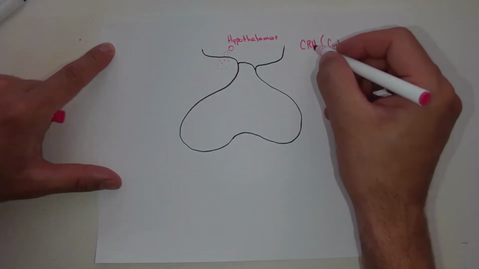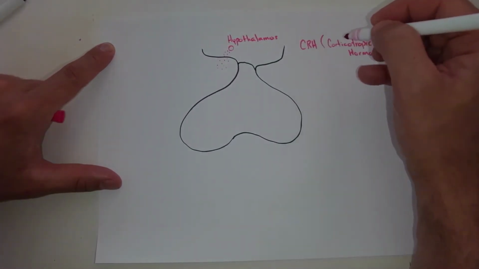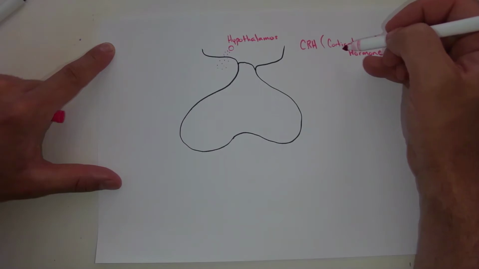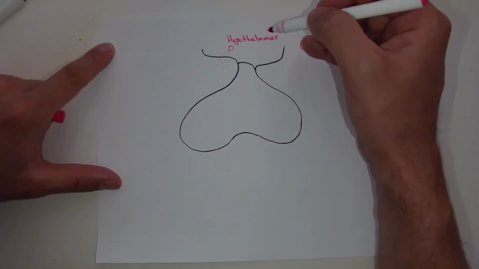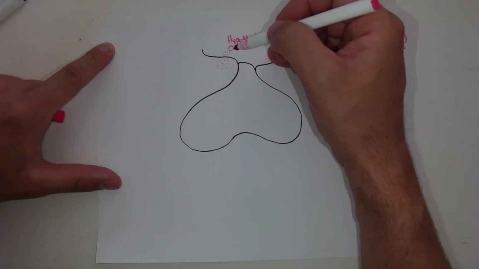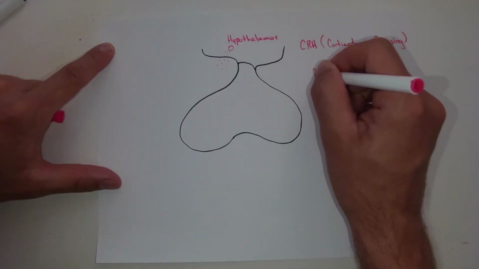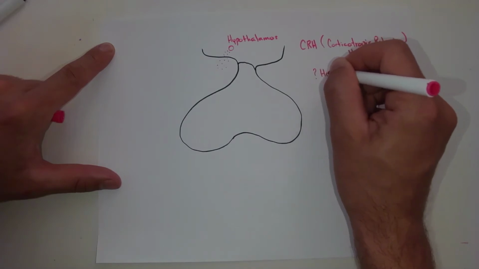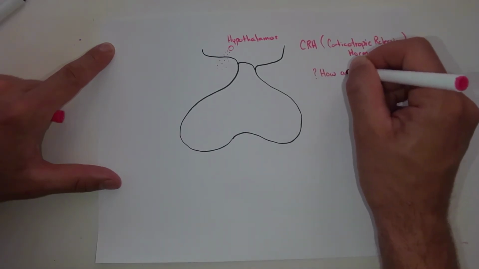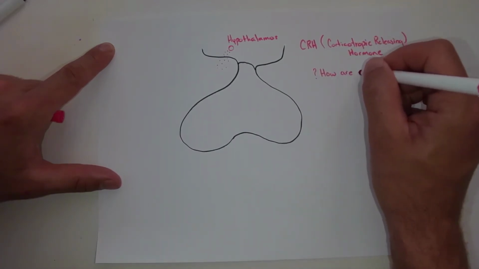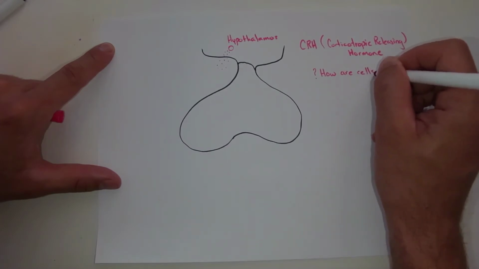Now, I know the name, the organ that makes it, the specific cell that makes it. Now, the pressing question is how are the cells making this?